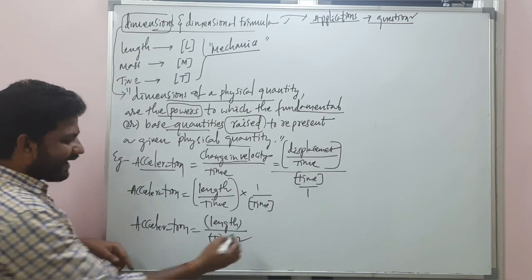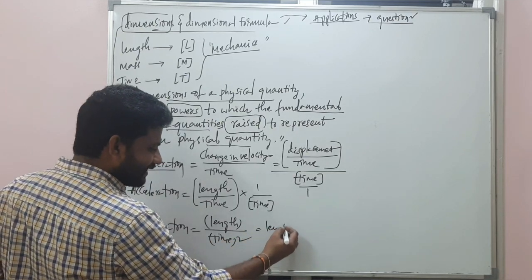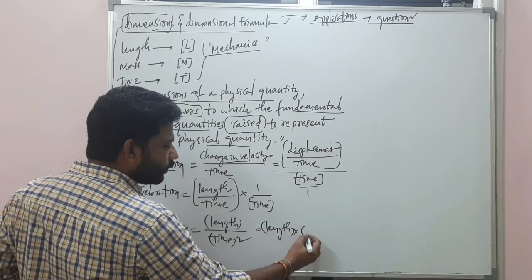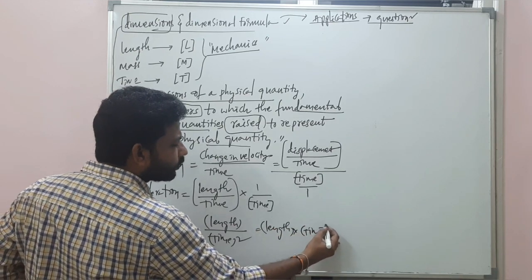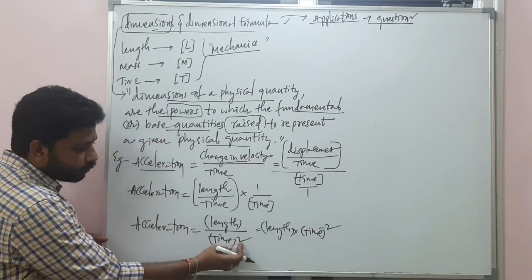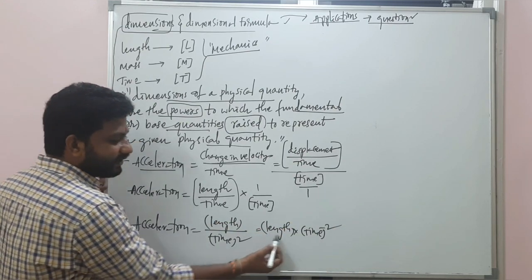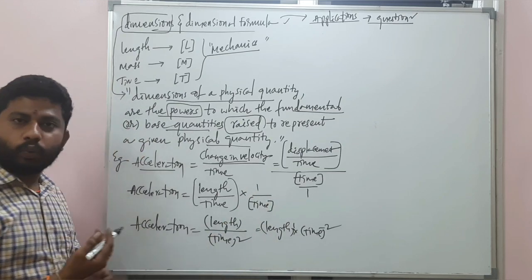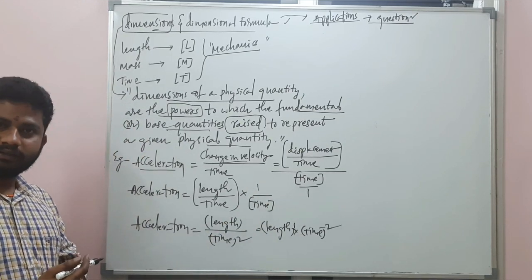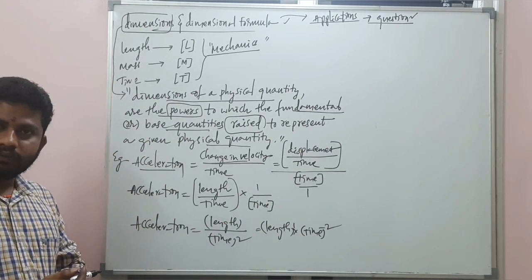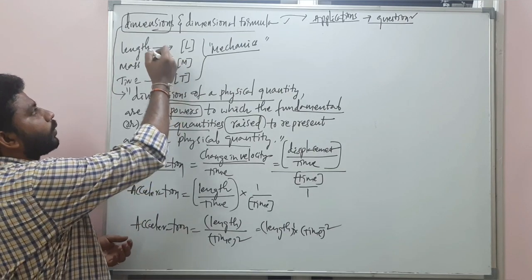Understand? I can also write this as length into time whole to the power minus 2, because time square goes to the numerator, that will be time to the power minus 2. Nothing is written for length, so I can write length to the power 1. Clear? But there are three physical quantities here.